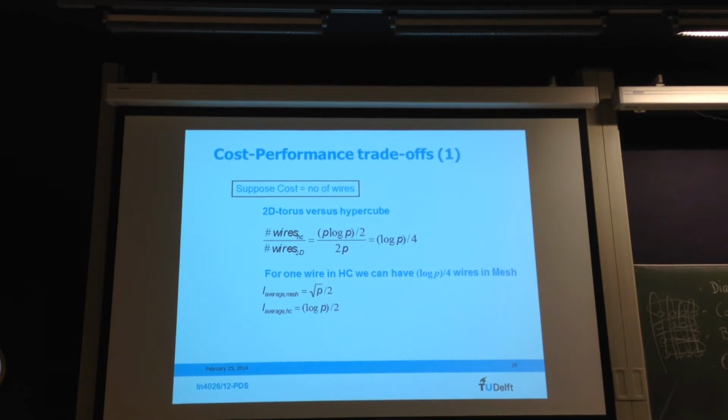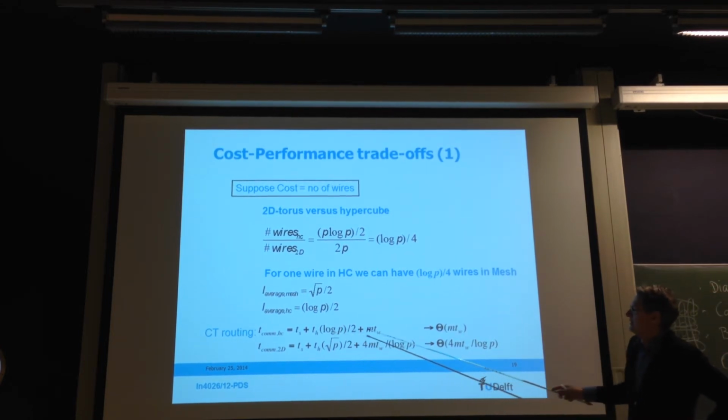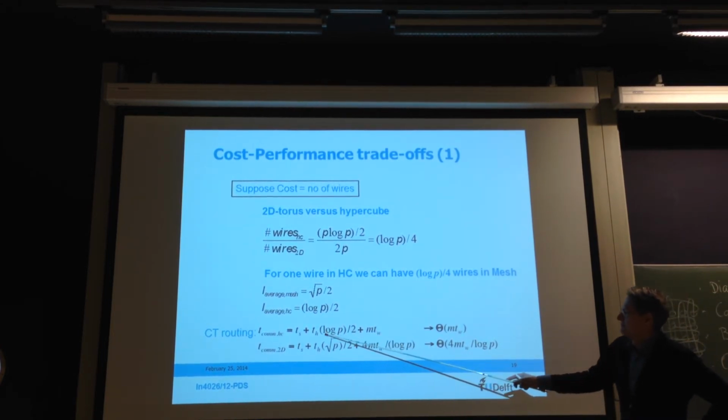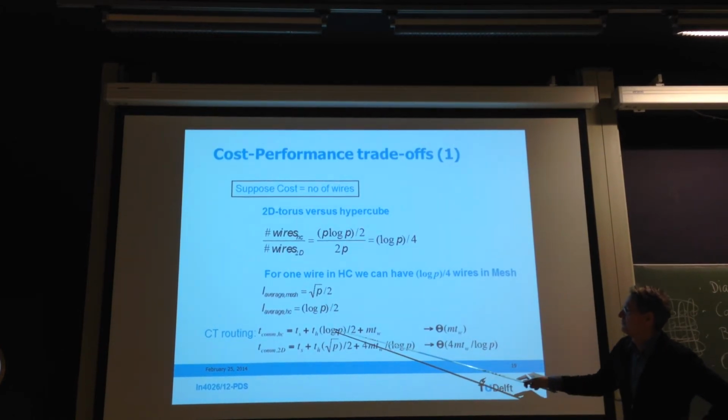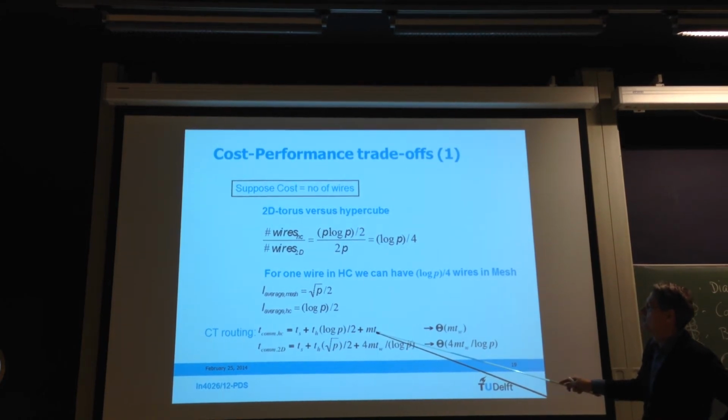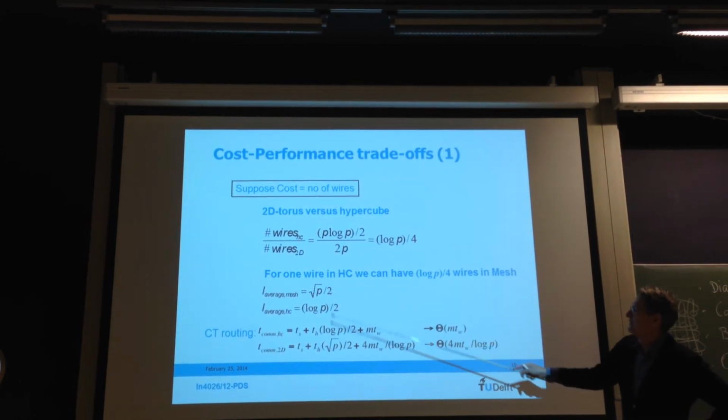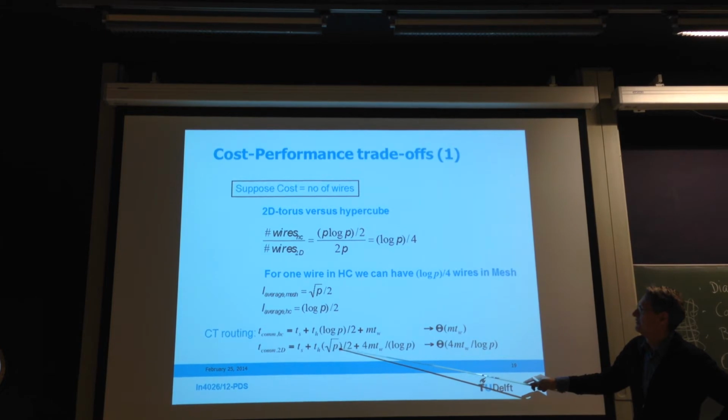So the communication cost, if I take CT routing, is the average number of links plus M times TW for the hypercube, and here it's the average number of links for the mesh.